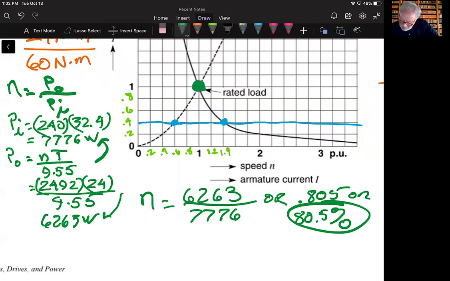Motors and generators are all designed to operate at a certain maximum efficiency, and those are given at these 1 per unit points. At the rated load, they're designed to be most efficient in terms of their operation. Okay, so that's 5.9.